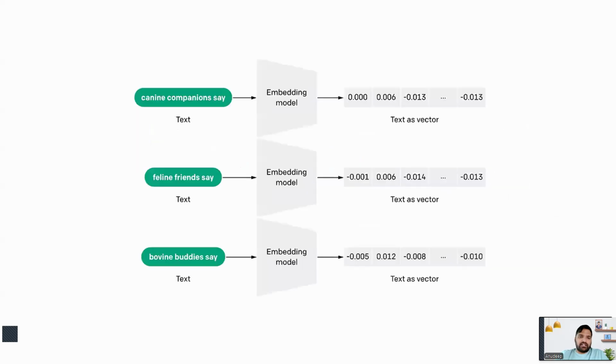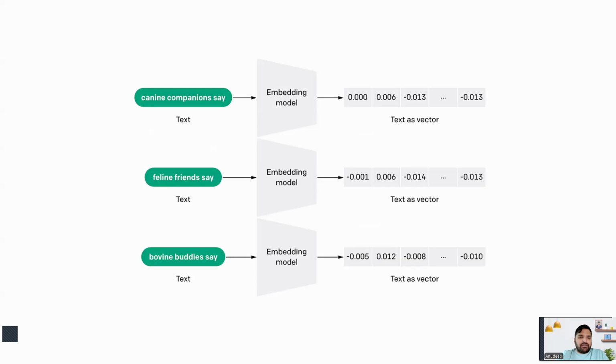Let's go further and understand what it looks like. Let's say I have a text, "canine companions say". This is an unfinished sentence, and when I use an embedding model on top of this text, it might be represented as the one-dimensional vector that you are seeing on the right-hand side of the embedding model.